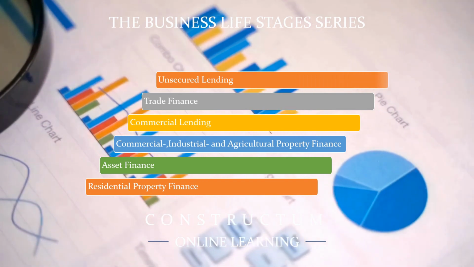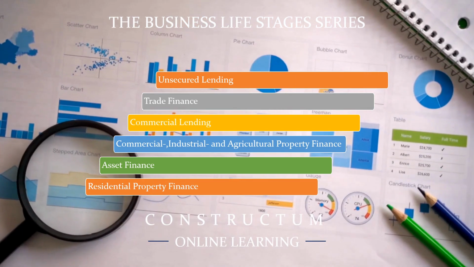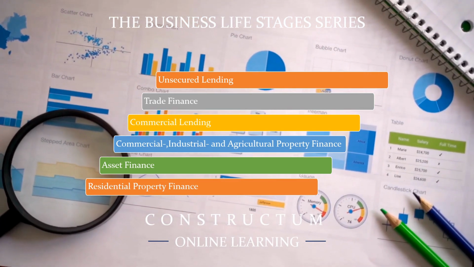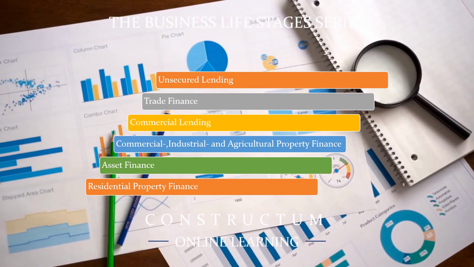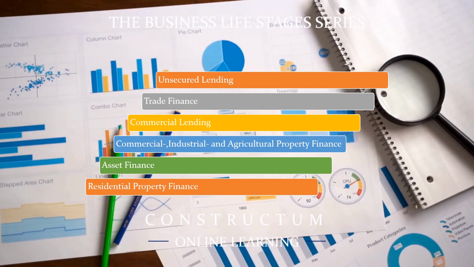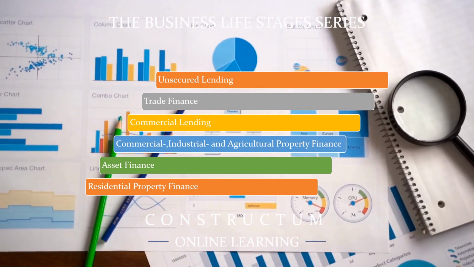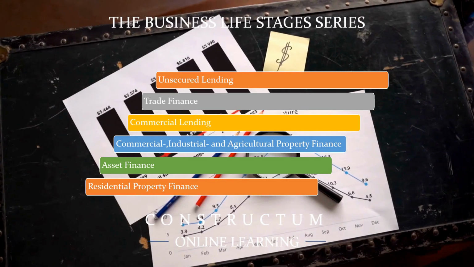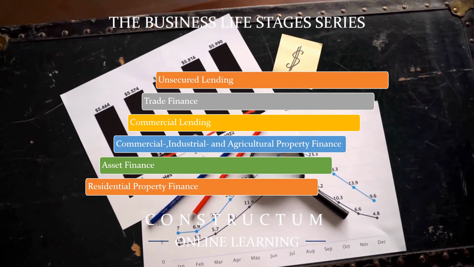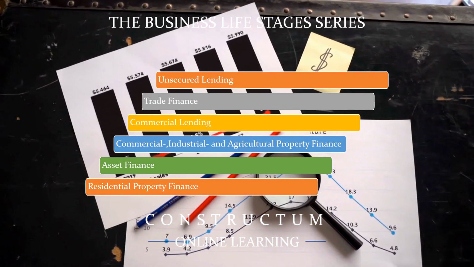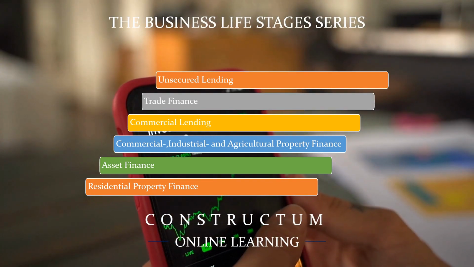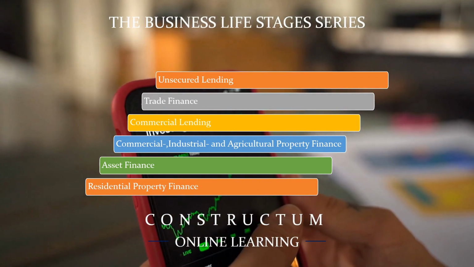This is the rate at which the banks will supposedly lend to their best customers. All other interest rates then cascade from the prime interest rate. Residential property rates, asset finance rates, commercial, industrial and agricultural property rates, commercial lending rates, trade finance rates, and unsecured lending rates.